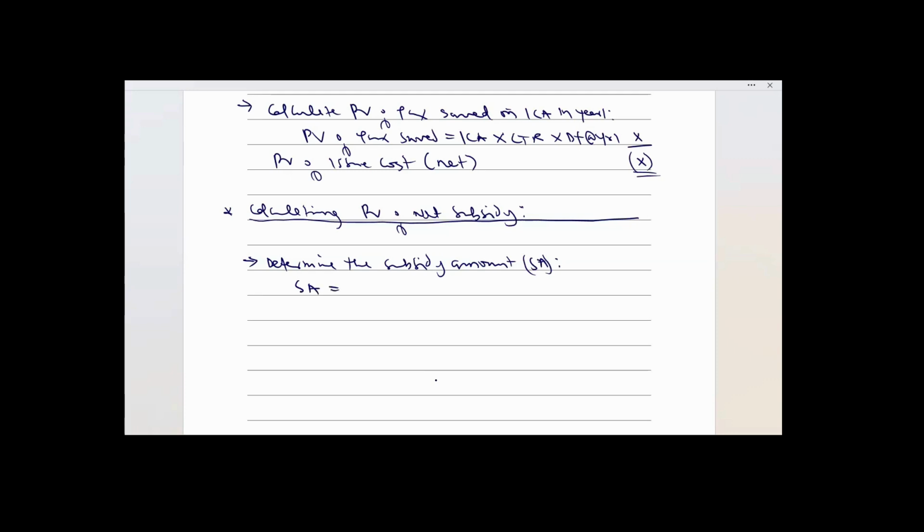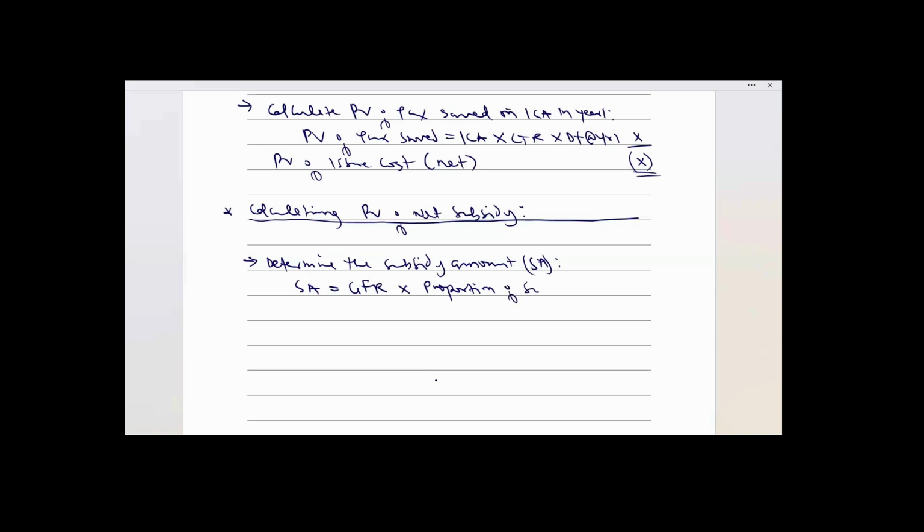Subsidy amount equals the gross finance required, if you are using gross finance required. All my explanation is on the basis of gross finance required. Except the examiner asks you to use net finance required, it has to be gross finance required. At all times where the examiner is silent, you have to use the gross finance required. Therefore, to determine the subsidy amount, I will pick the gross finance required, then multiply by the proportion of subsidy.